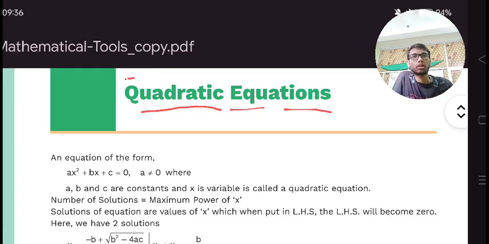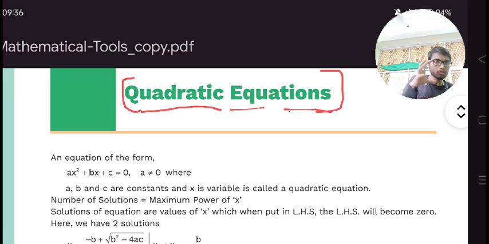Look at this word over here. It is clearly telling you quadratic, which means always remember quadrant. I am not saying quadrant, it is quadratic, which means two. But here this 2 is a number, but it is an exponent.